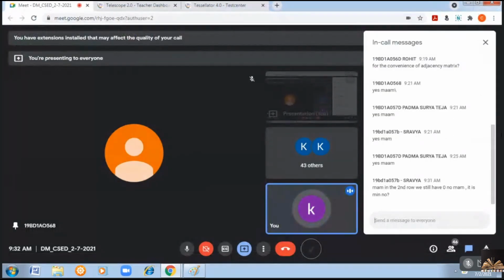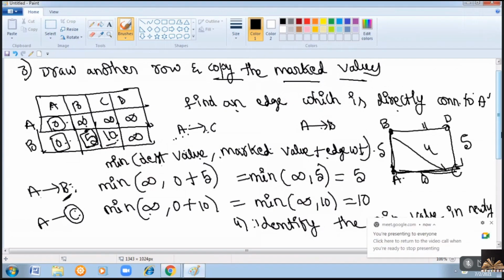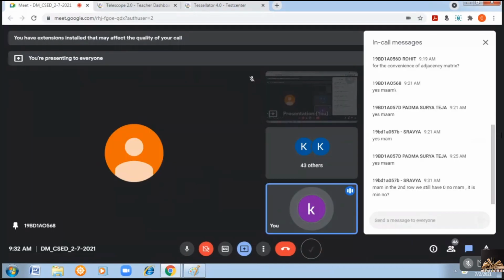So in the newly created table, among the values you have calculated, you find the minimum. 0 is already marked as permanent, so what is the next value to be marked as permanent? 0 marked as permanent means you have visited A. After A, you have to go to B or C. Among B and C, B is the minimum. That means after A you have to reach B. That is the reason the B column value 5 is marked as permanent.